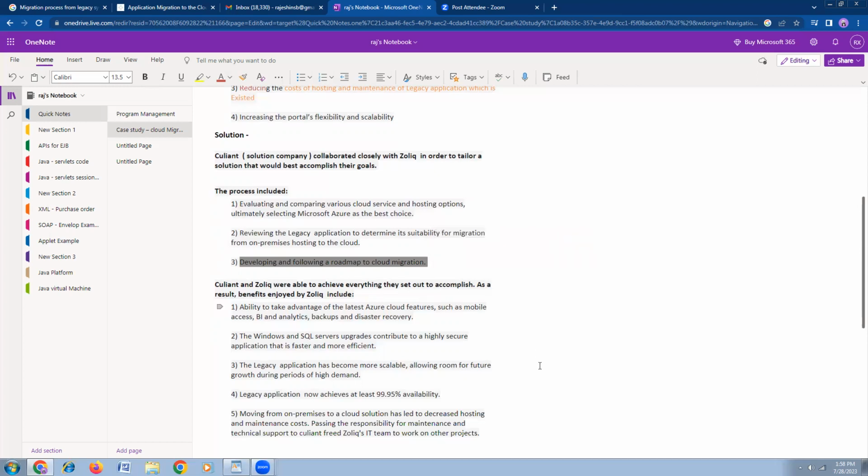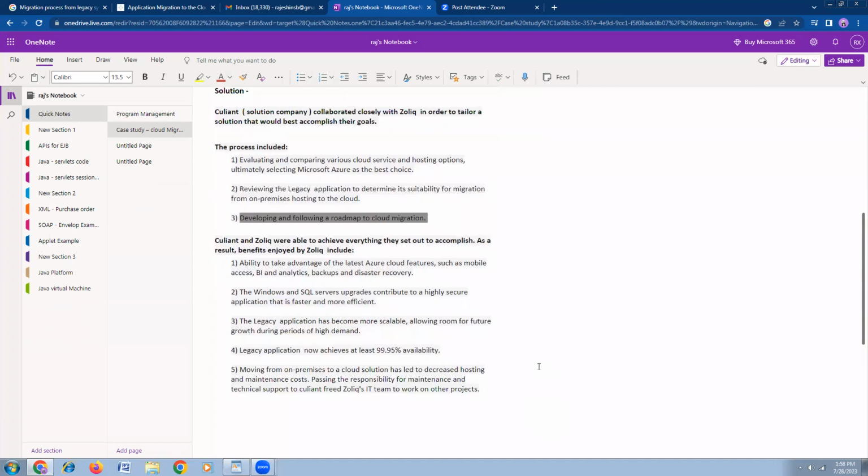Now here is an explanation in reference to the solution part. What was that? Qlient and Jolik were able to achieve everything they set out to accomplish, and the benefits enjoyed by Jolik include, because at the end of the day, Qlient has to make sure Jolik enjoys the benefits of the solution, because they are the investors.